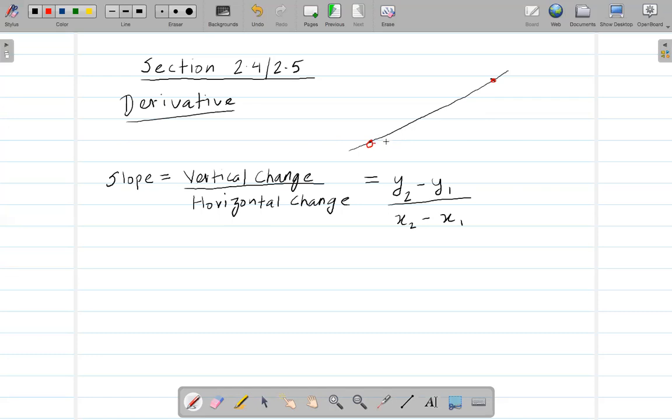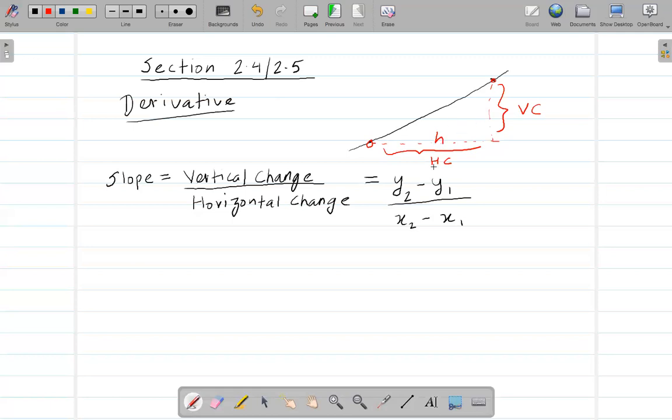In this graph, this is the vertical change, VC, and this is the horizontal change, HC. Let's say this horizontal change has value h.